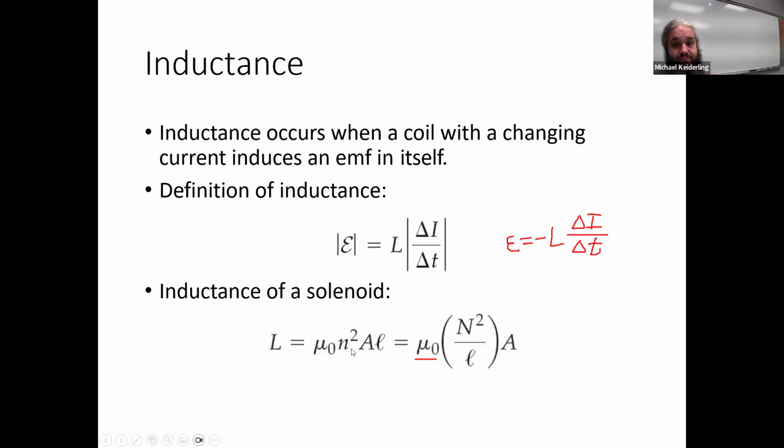Mu naught, number of turns per unit length squared, times the cross-sectional area of the solenoid, times the length of the solenoid, or mu naught times the number of turns squared over length times area of the solenoid.